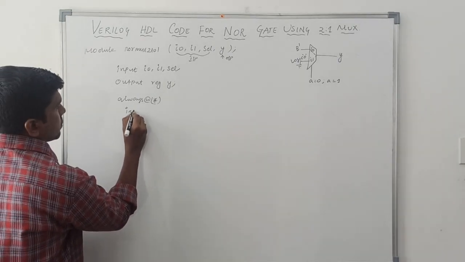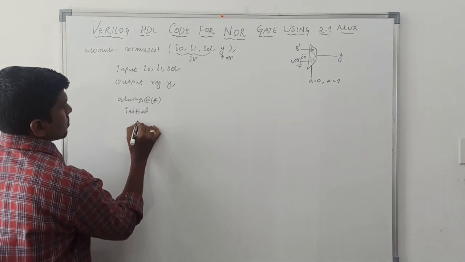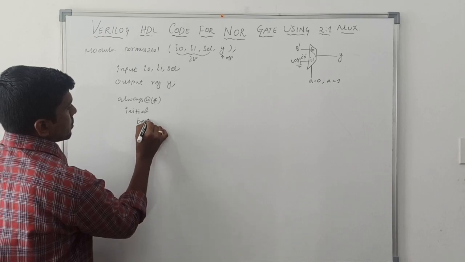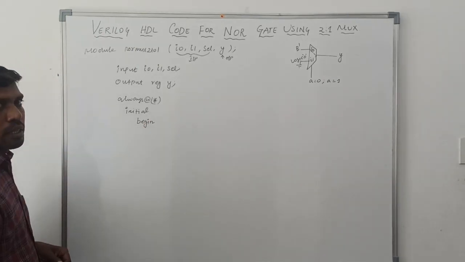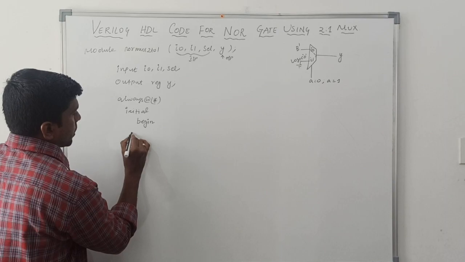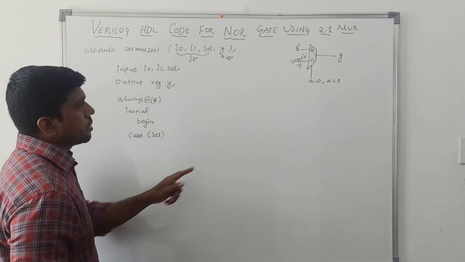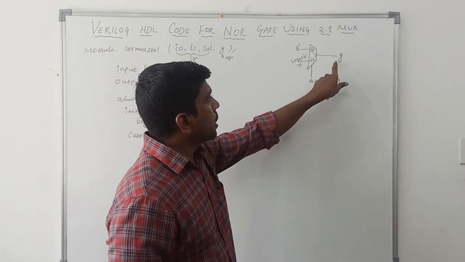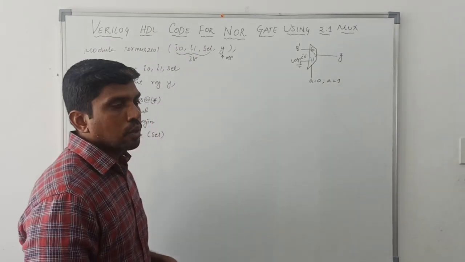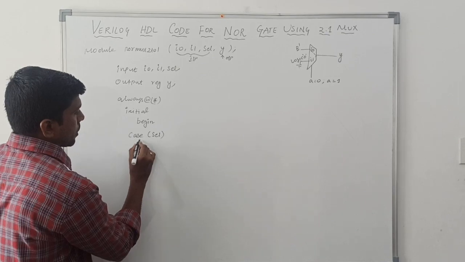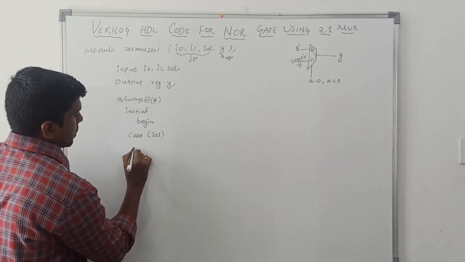Then initial begin. Here we use case. Case selection: based on the selection line, I0 is connected to the output or I1 is connected to the output.